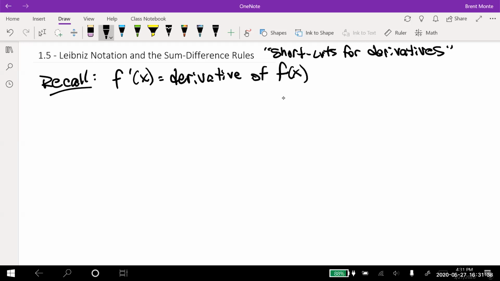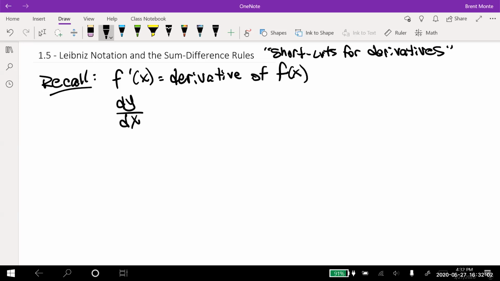This f prime notation is what Isaac Newton used. So this is Newton's notation. And another gentleman named Leibniz in Germany, around the same time, discovered calculus and used different notation. Instead of f prime of x, he called it dy dx.